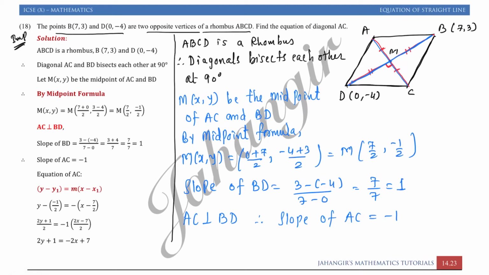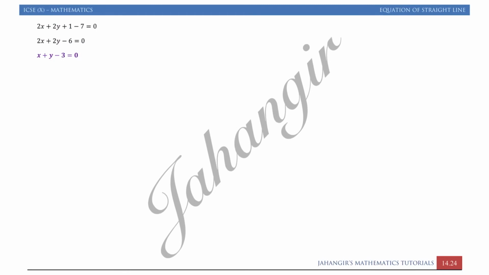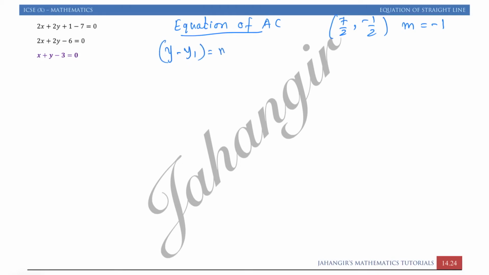Now we will find the equation of AC. AC is passing through the point (7 by 2, minus 1 by 2) and its slope is minus 1. So we can just write y minus y1 is equal to m into x minus x1.